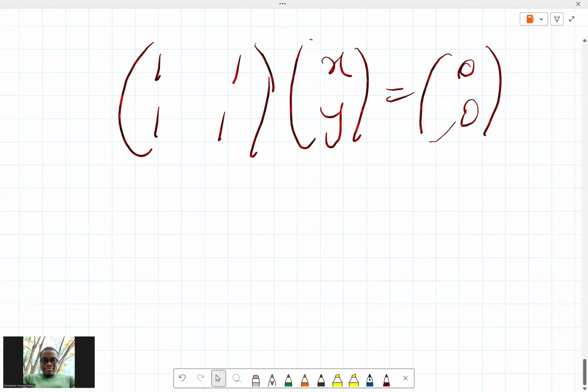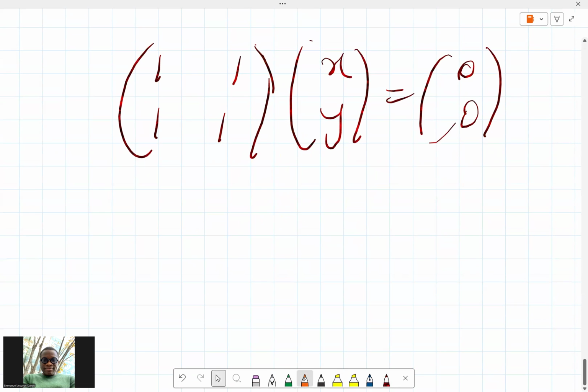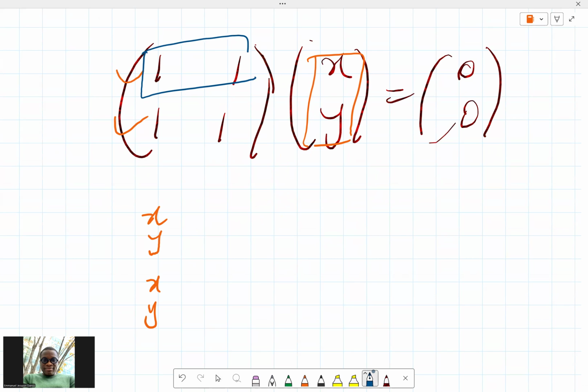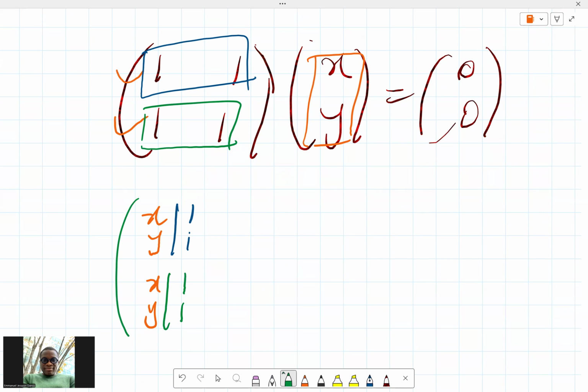Again, just like what we did before, we have x y twice because we have two rows here, and this is 1, 1 again, and all of this is equal to 0, 0.